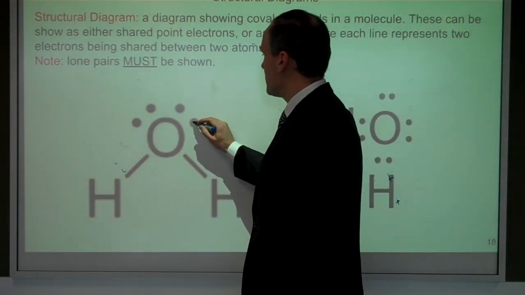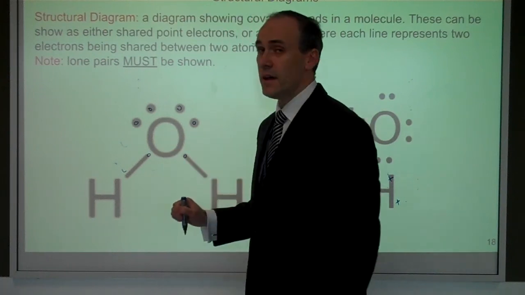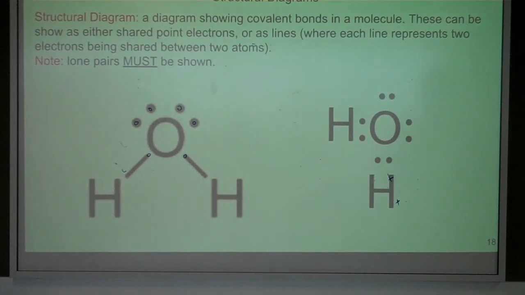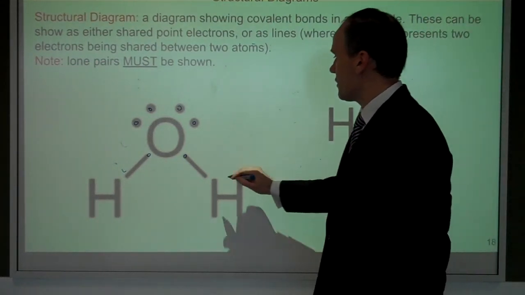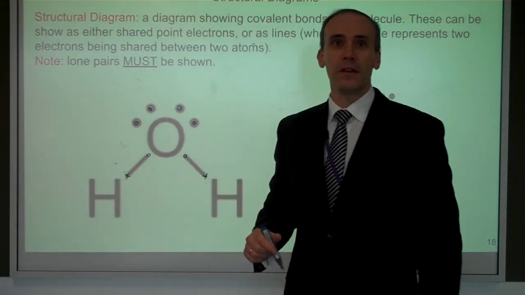Oxygen has 6 valence electrons, but 2 get shared. It shares 2 to gain 2. Hydrogen has 1 valence electron. Hydrogen shares 1 to gain 1.